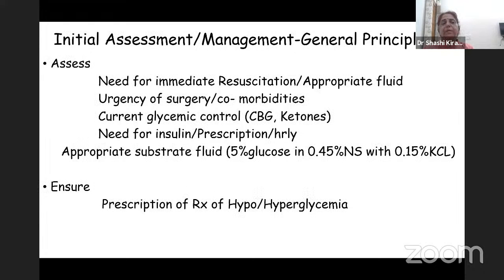So what should be the initial assessment for these patients? Initially assess the need for appropriate fluids, and also see how urgent the surgery is, assess the comorbidities, assess the current glycemic control and need for insulin, and ensure that the treatment of hypo and hyperglycemia has been prescribed accurately.